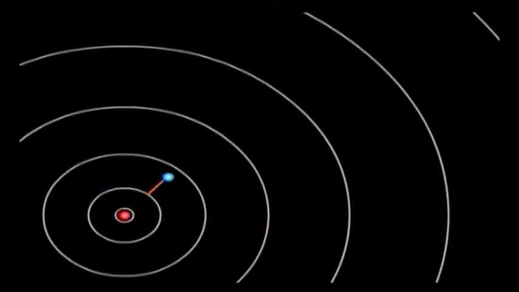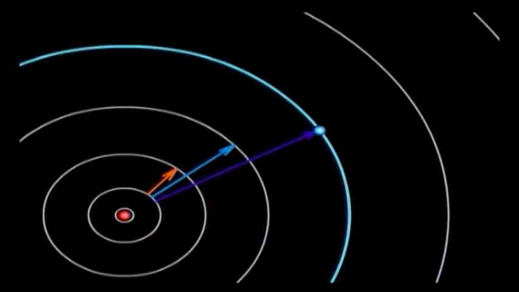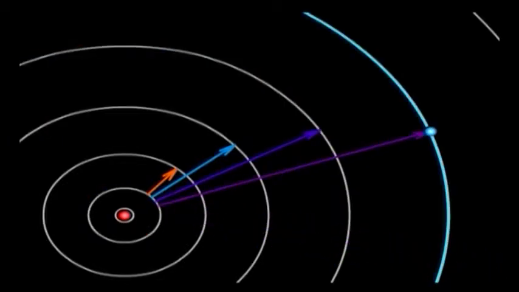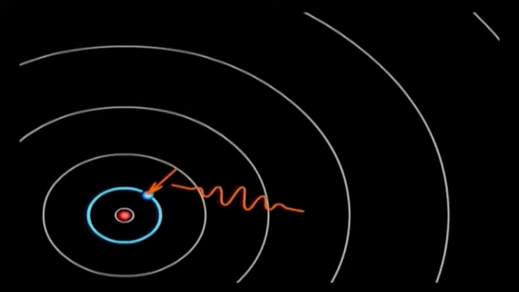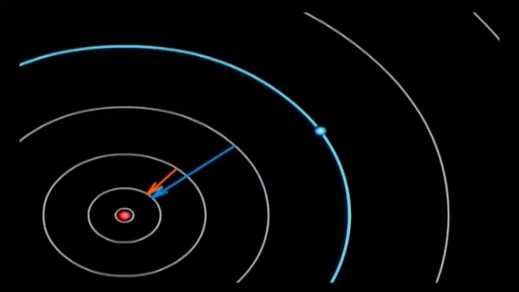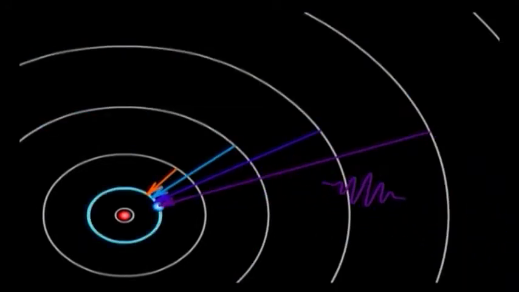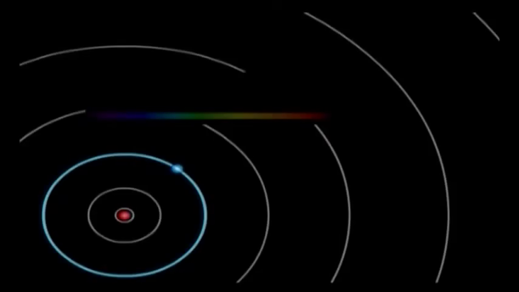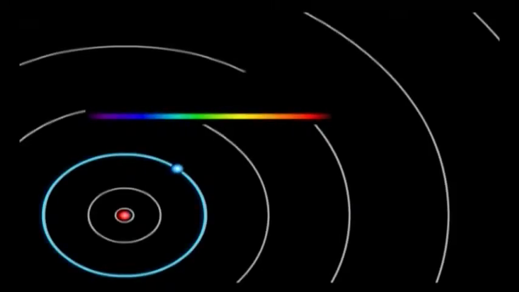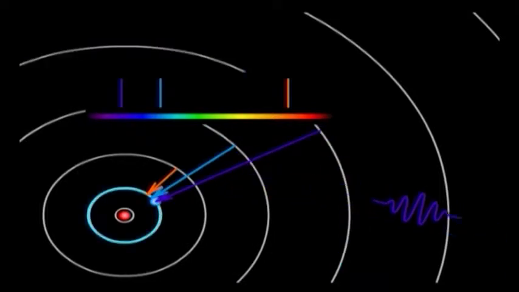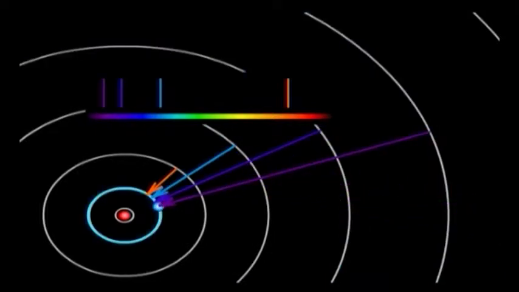The result? The hydrogen atom can absorb photons of light with particular wavelengths, or energy, and it can also emit photons of light with those same particular wavelengths. So for an excited hydrogen atom, we would expect to see particular wavelengths of light produced as the electron falls back and emits photons of light corresponding to those energies.